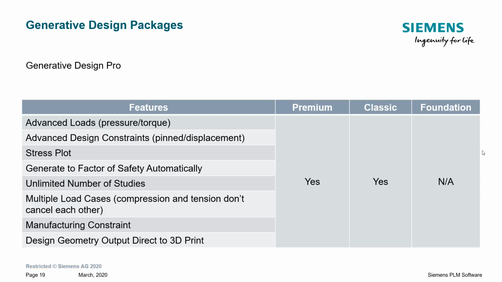Generative Design Pro features things like advanced loads, advanced design constraints, stress plots, an unlimited number of studies, and also multiple load cases. In other words, compression and tension don't necessarily cancel each other out. It also supports the manufacturing constraint dialog that you saw, and the design geometry can be output directly for 3D printing or editing.